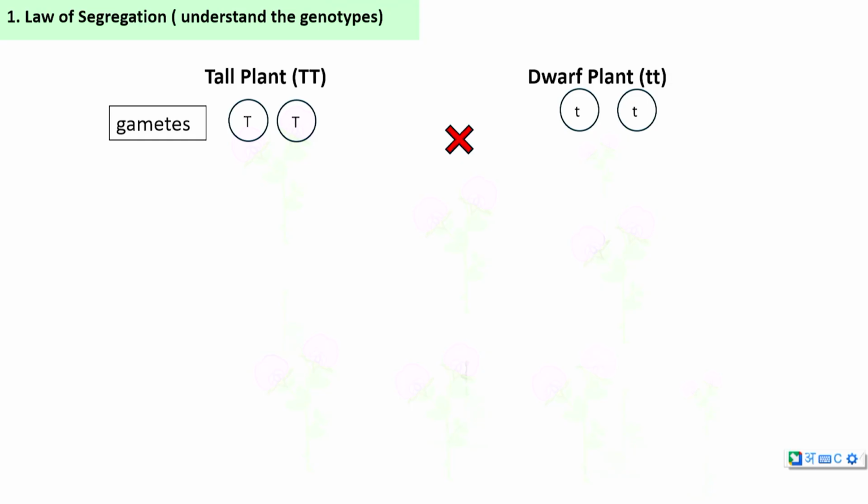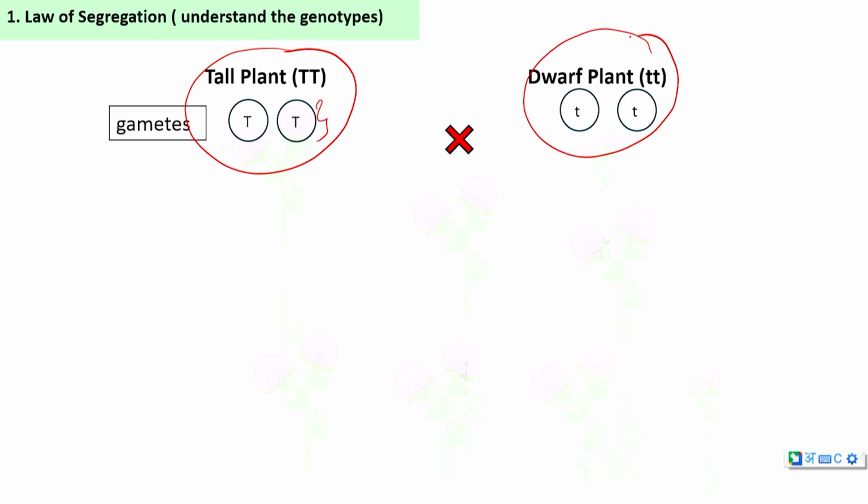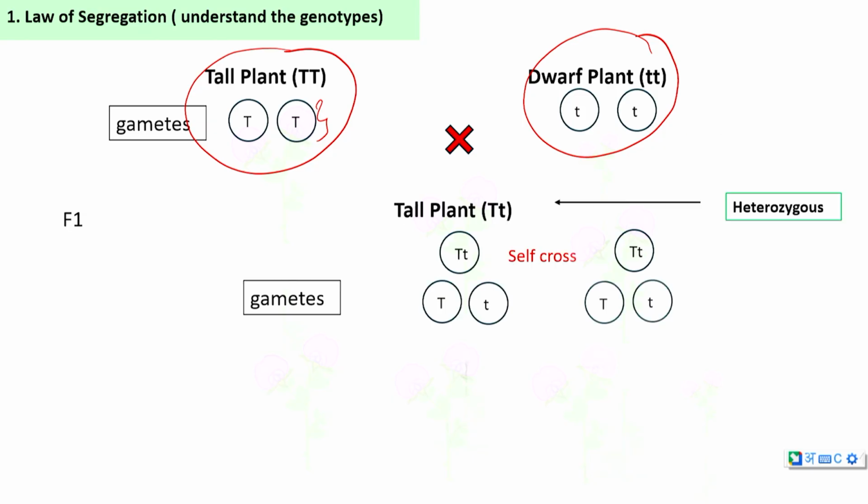It could make only one type, because both alleles are capital T. So, all the gametes that a tall plant makes are capital T. The same is true for the dwarf plant: all the gametes it makes are small t. And so, the tall plant in the F1 generation is heterozygous. I said the parents were homozygous and here it is heterozygous.